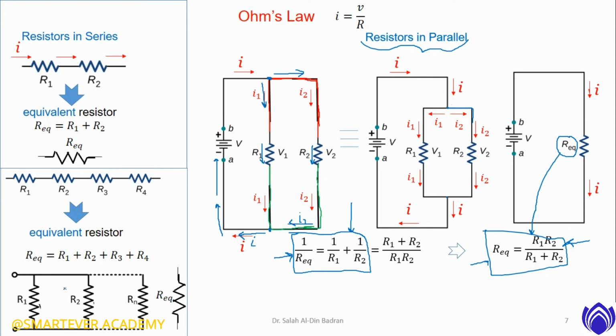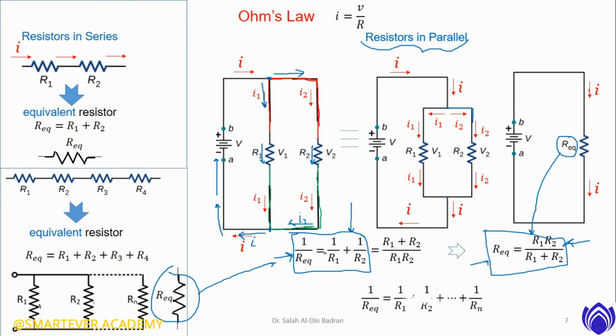Here is a circuit that contains more than one resistor, R1, R2, up to Rn. And this is the equivalent resistor. How do you find this equivalent? Using this formula.